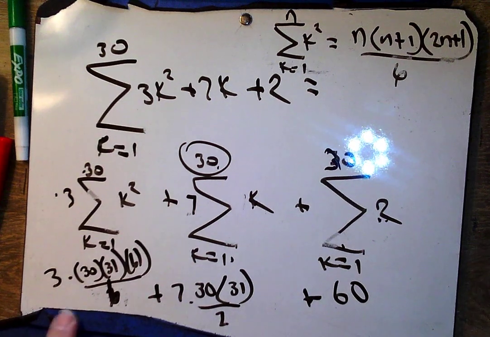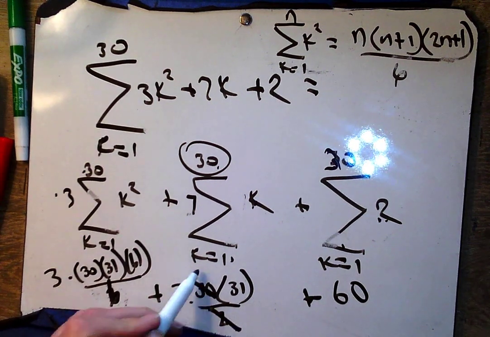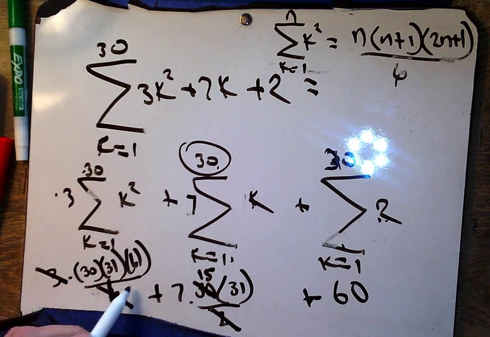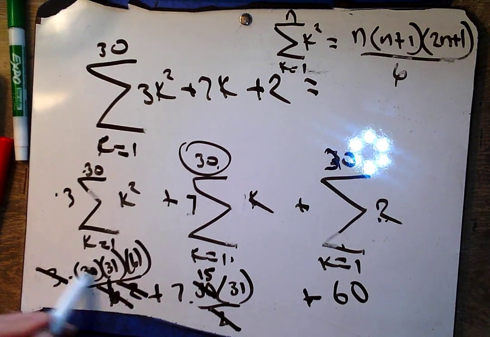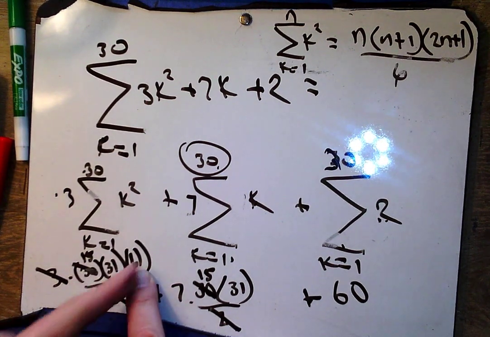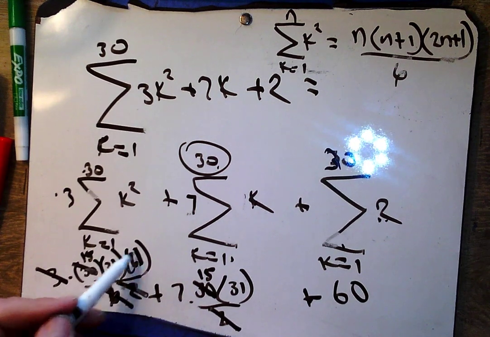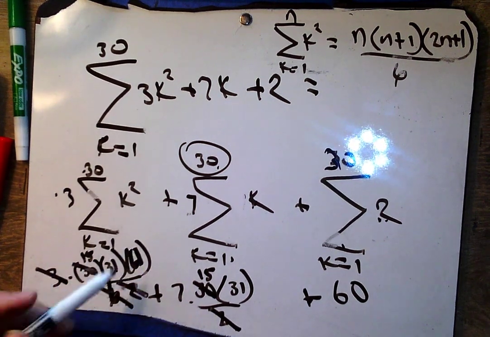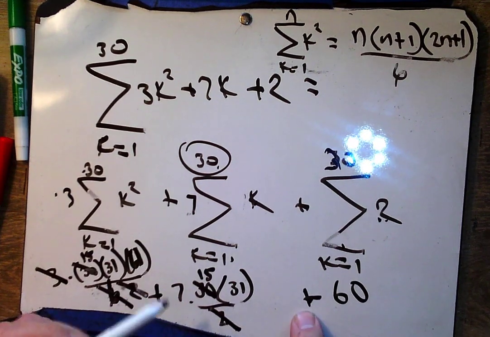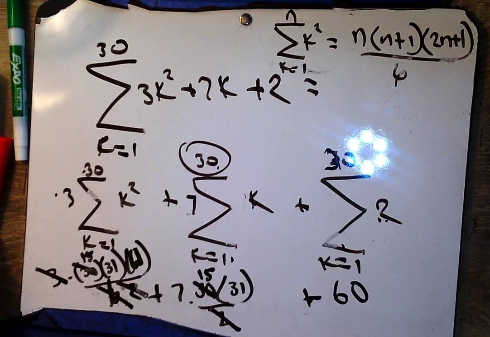Now, before I pull out my calculator, I'm going to do a little tidying. 6 and 3, 2 and 2, and 15. So 15 times 31 times 6. Oh, I guess I could have just canceled. Oh, that's 61, not 6. No, I couldn't have canceled. Plus 7 times 15 times 31, plus 30 times 2, or 60.